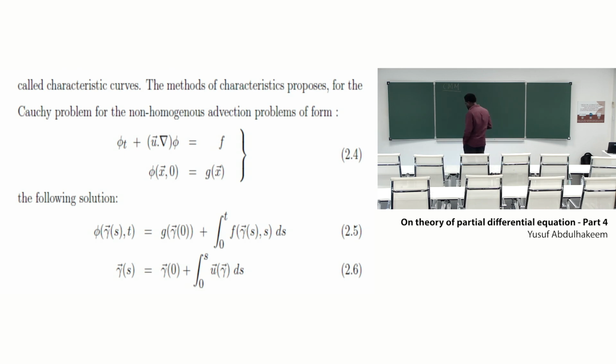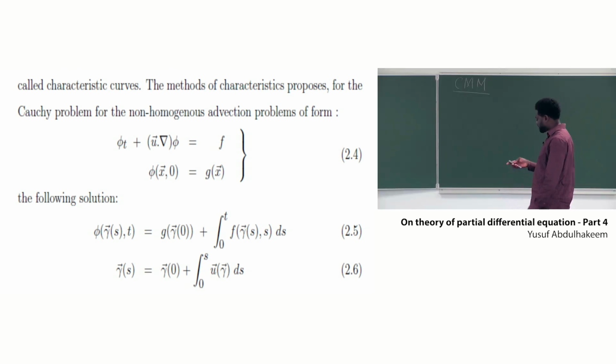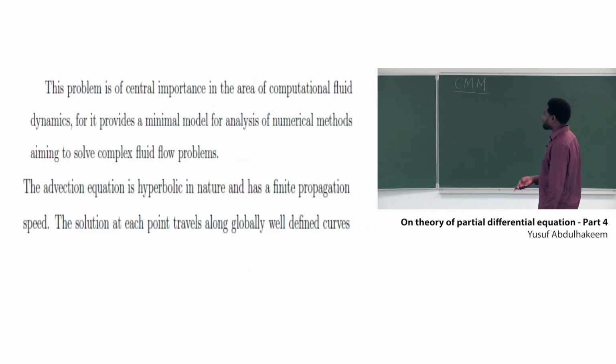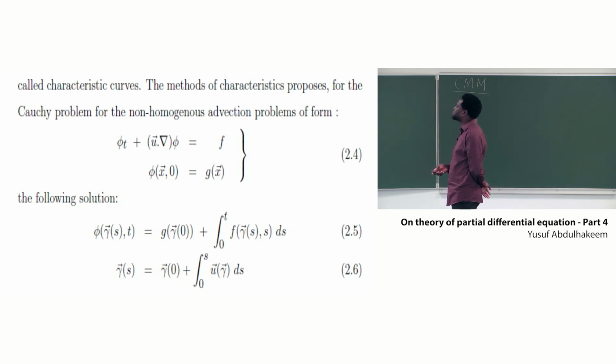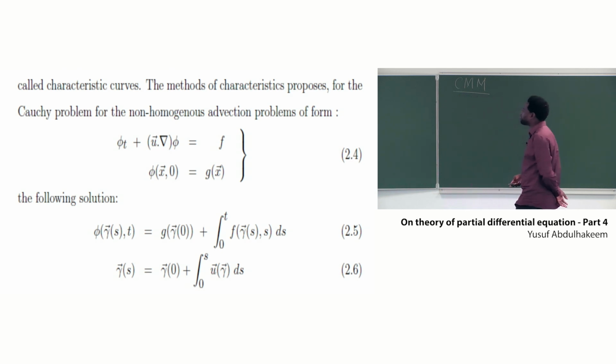Now, we recollect when we talk about the characteristics method, which is also known as the Cauchy method. This is where it has an overlap with the characteristics method, because the solution at each point travels along globally well-defined curves, which are called the characteristic curves. So the method of characteristics proposes, for the Cauchy problem for the non-homogeneous advection problem of this form.